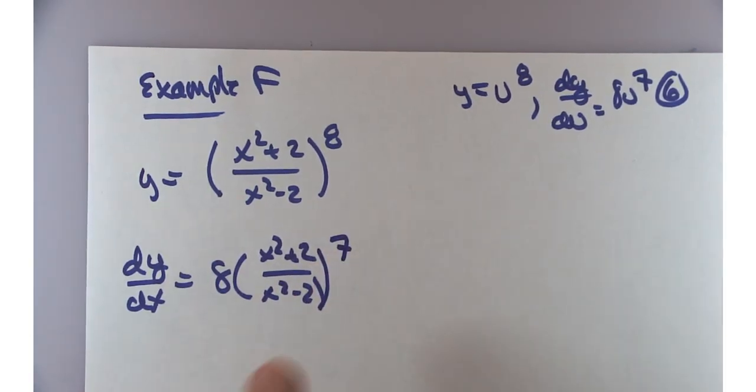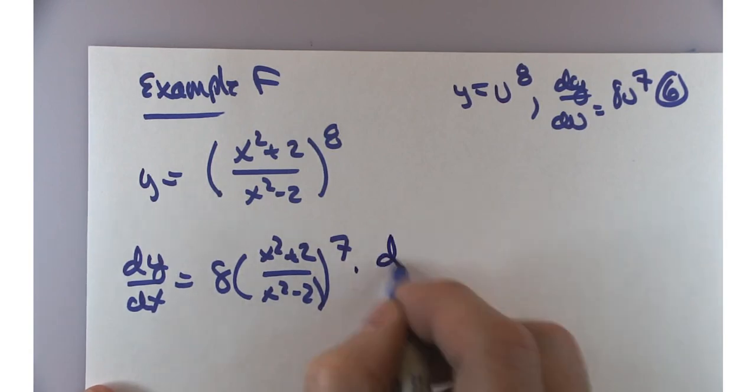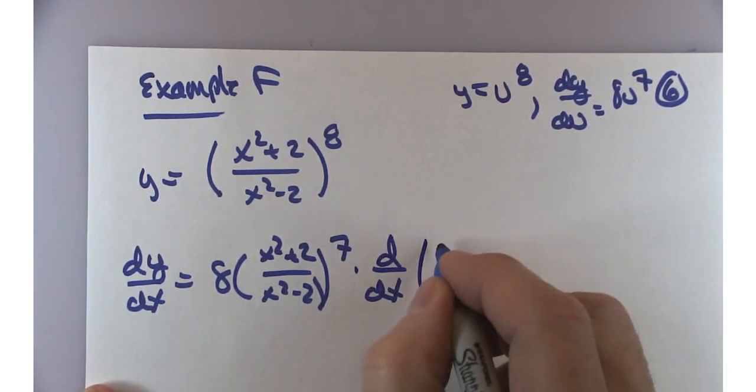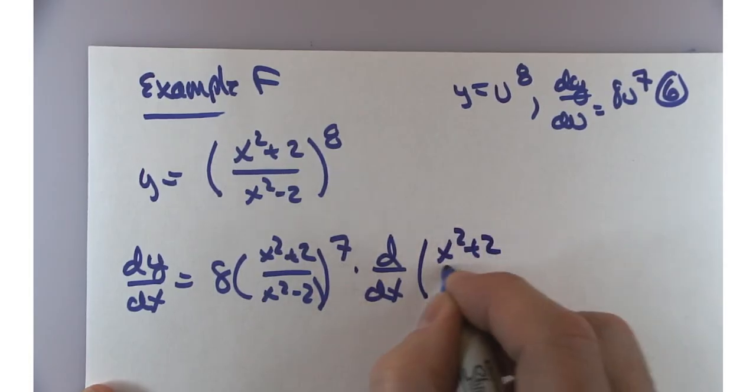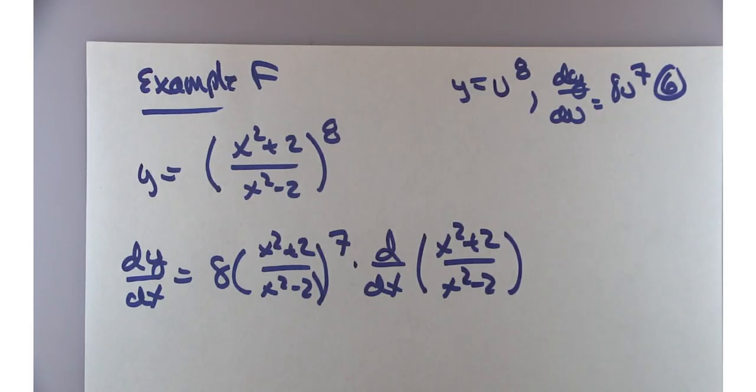But we're not done. Please don't stop here. You're missing the chain rule. What else do I have to do? Times the derivative of the inside. So that's d by dx, we're going to take the derivative of the inside, x squared plus 2 over x squared minus 2. Ooh. What rule do we have to use? Yeah, you got to use the quotient rule.